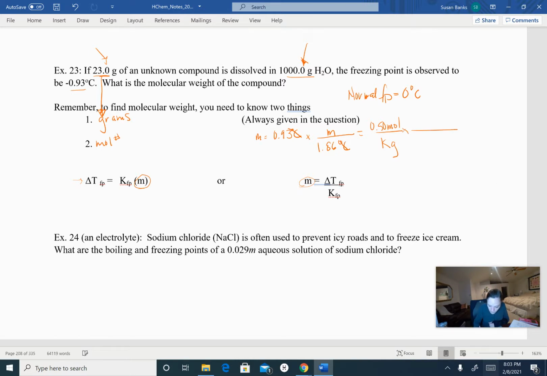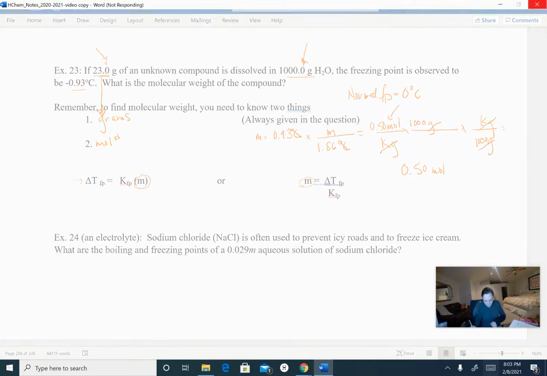And isn't there 1,000 grams in a kilogram? So my grams cancel out. I have 0.5 moles, right? So it really comes down to it: I have 0.50 moles of the solute.